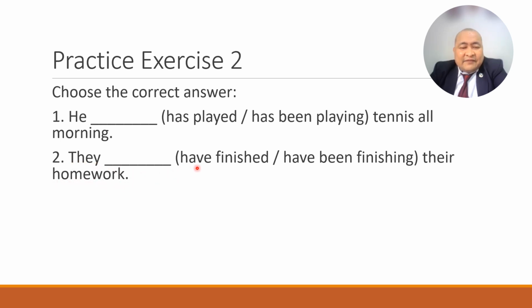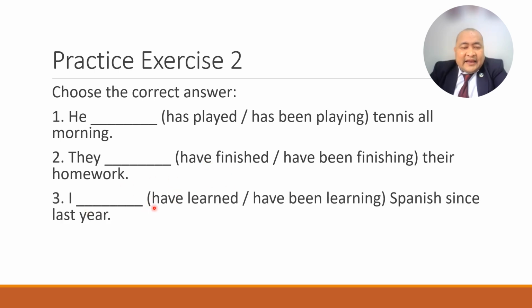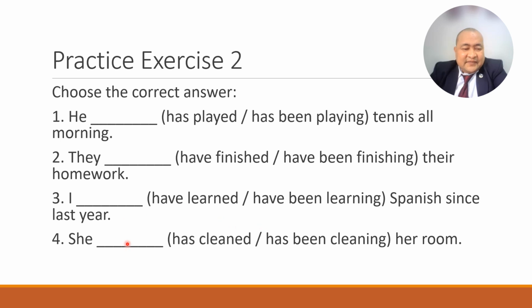So they have finished their homework. I have learned or have been learning Spanish since last year. Because since last year gives us a clue that it is still in progress, still continuing. So we can say, I have been learning Spanish since last year.